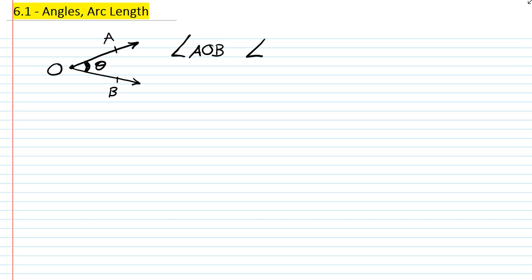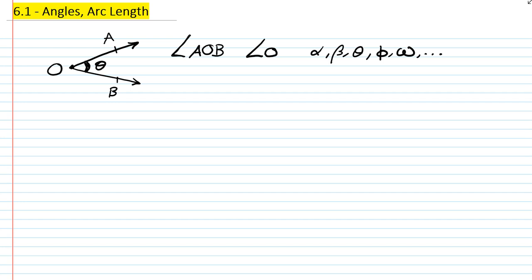And some people actually do this: angle O, just a reference to the vertex, which is O. The most common letters used later on in most math and science courses are alpha, beta, theta, phi, gamma, and so on. We usually use the Greek alphabet to name or label angles. So I tend to use theta more often than others.